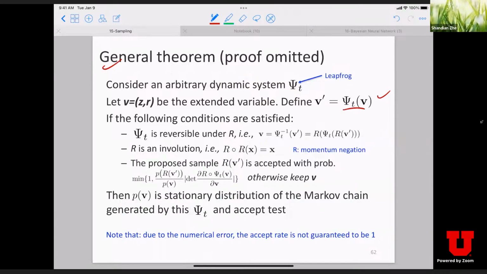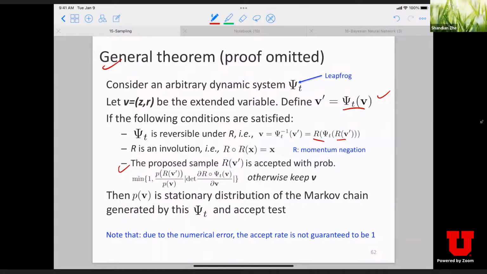So first, psi_t now becomes the leapfrog simulation or numerical integration procedure, right? And then your R here is still the negation of the momentum. R is an involution, and running leapfrog and then doing this R still guarantees reversibility, right? And then we can take a look at the acceptance test.